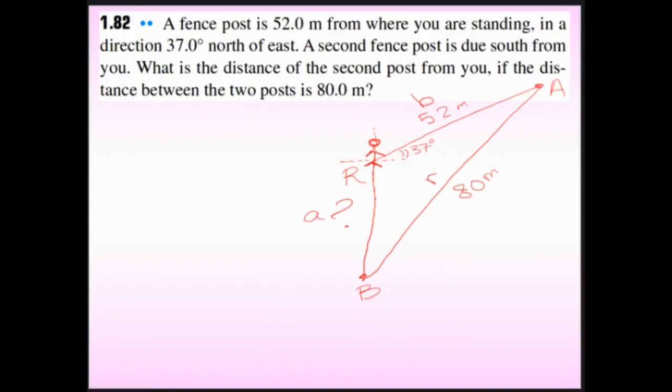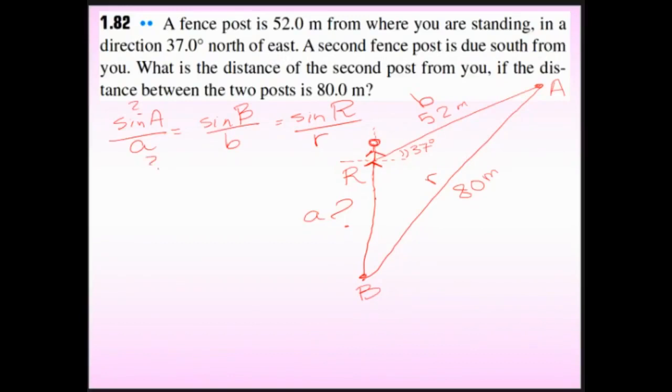What's the statement of the sine law? Come on, sine law. It's the easy one of the two. Sine A over A, sine B over B, sine R over R. Let's put check marks. Do I know angle A? No, I don't. Do I know length A? No, I don't.